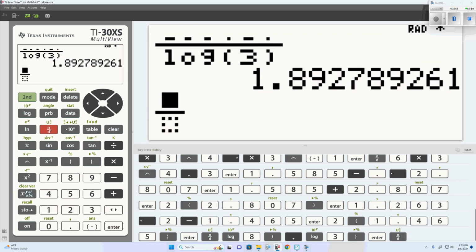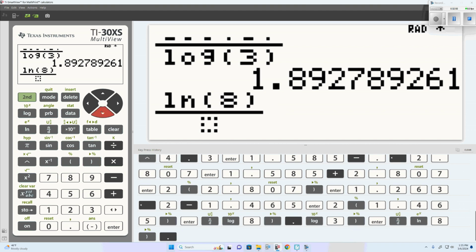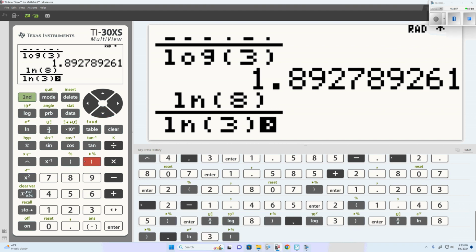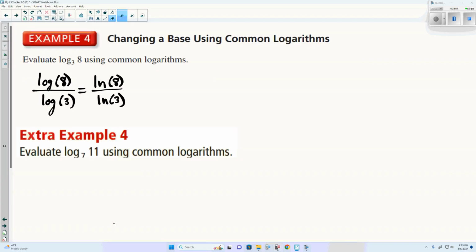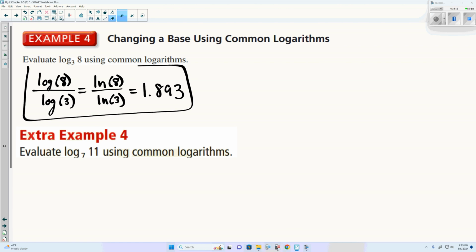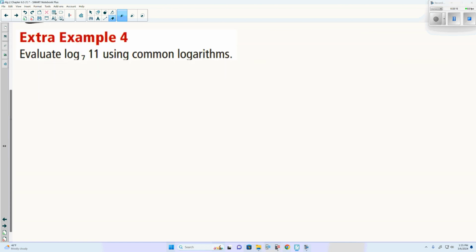Now, if we said natural log of 8 over the natural log of 3, we get the exact same thing, 1.893. That's it. Who wants to do the next one?